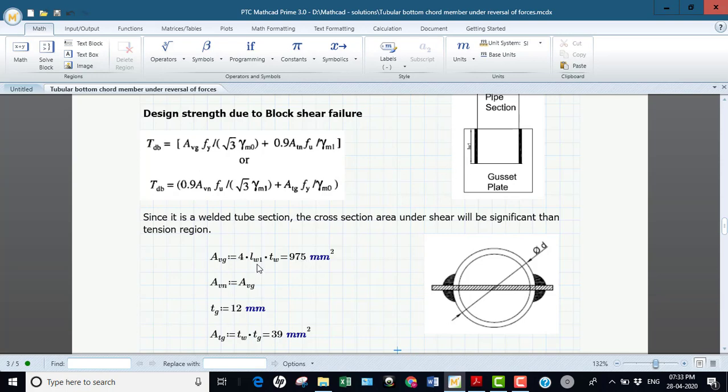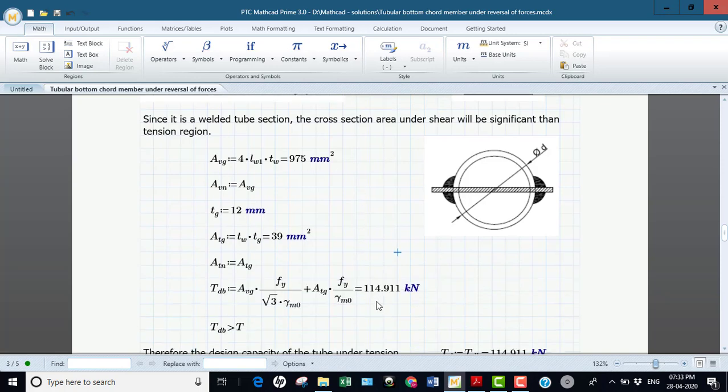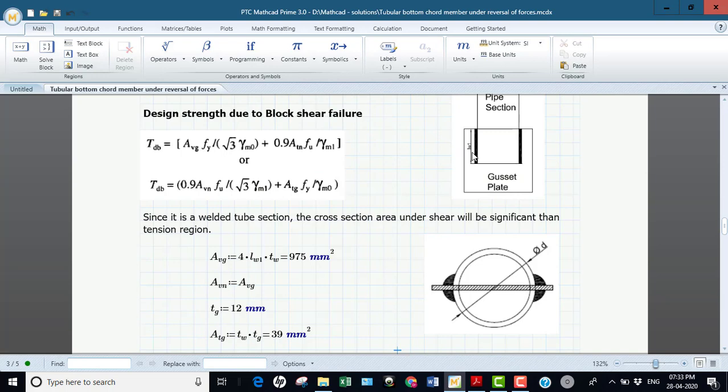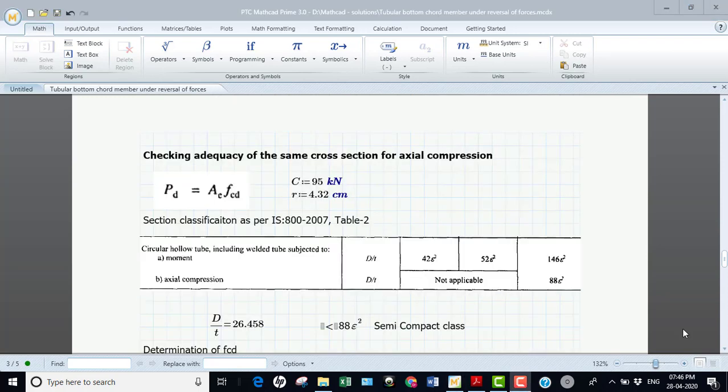If the length of the weld gets reduced, then it fails at a very low capacity. Therefore, here the length of the weld becomes very important. So this is about 114.9 kilonewton, which is also greater than your tensile force. Now I am going to check the adequacy of the same cross section against compression.